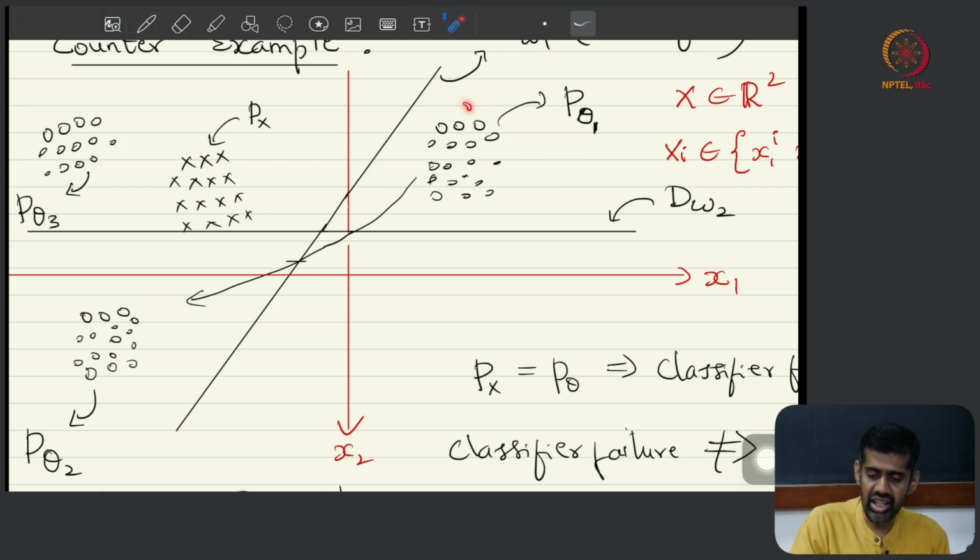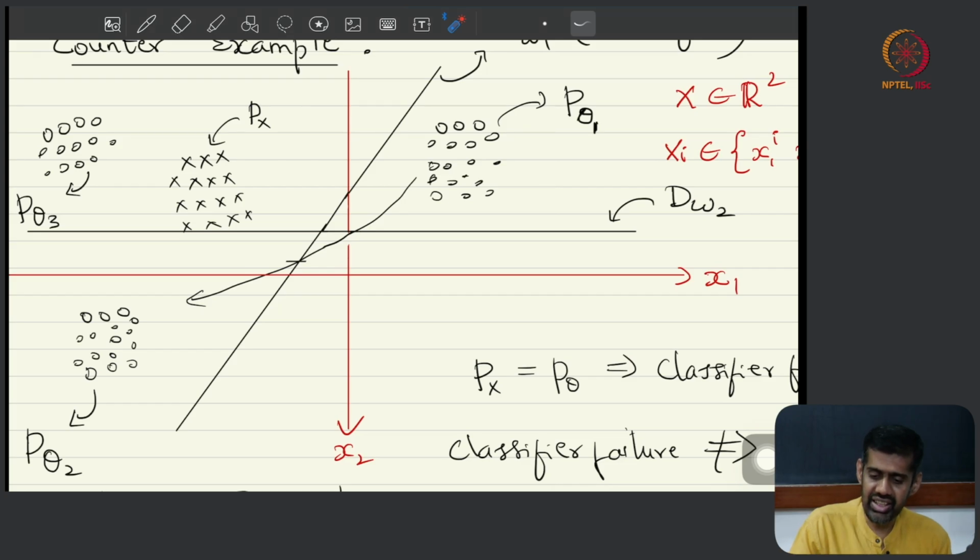So the initial theta would give me points here, and the actual px is here. Now, what do I have to do? I will have to tweak my theta in such a way that this cluster gets overlapped upon this particular cluster, isn't it? I want my p theta to become px, which means that the points that I am getting from the g theta network would simply overlap with the points of px.